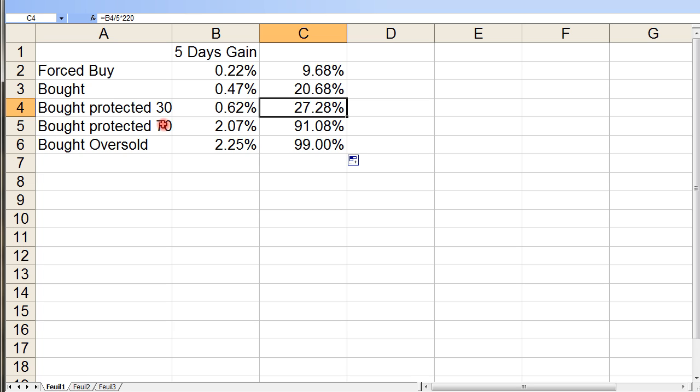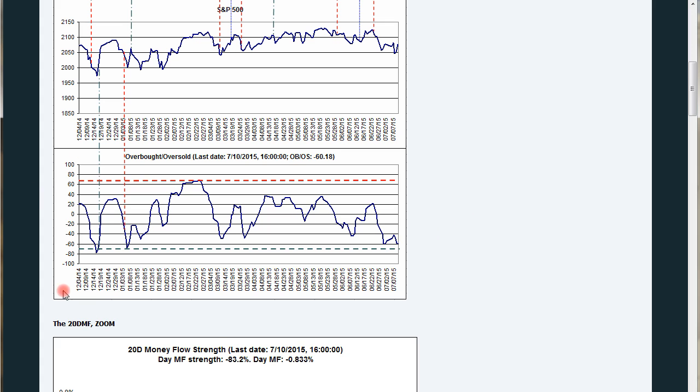So what is the bought protected 70? Let's go back to the graph here. The bought protected 70 just occurred here. It is when you dip slightly below the minus 70 level and then bounce back up. Then you have a bought protected 70.